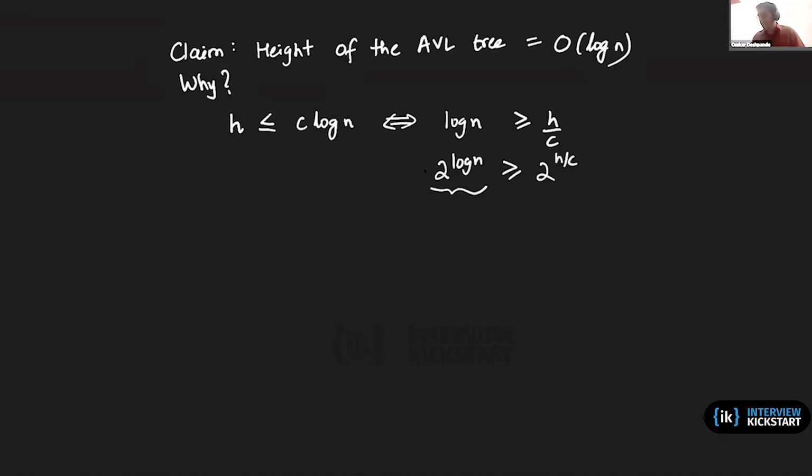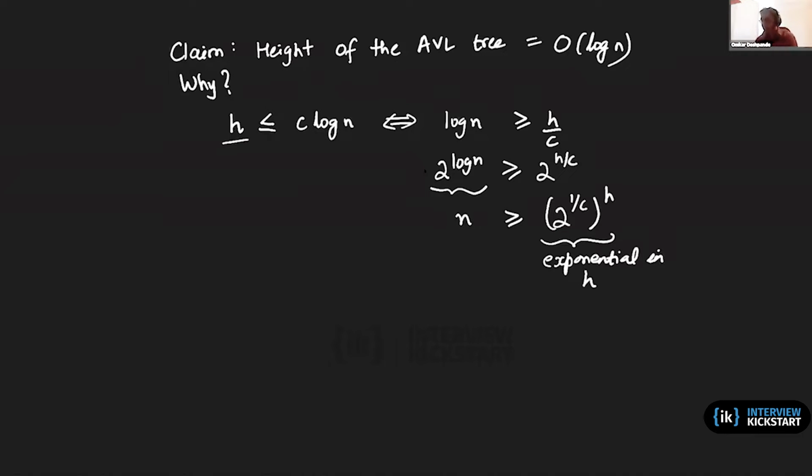Since our logarithms are all base 2 in discrete math, this is n. n is greater than or equal to the cth root of 2 raised to the power h. So that means the number of nodes in the tree has to be exponential in the height of the tree. These are equivalent statements.